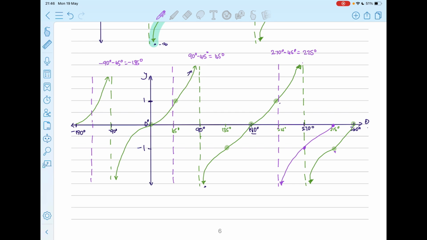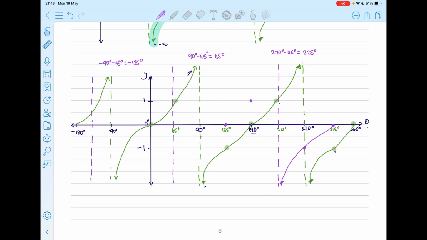Next is the point that was at 225. At 225 we had y being positive 1, so that has now moved minus 45. It means it's now here at 180 degrees. And then the point that was at 180 has moved to 135, like here.